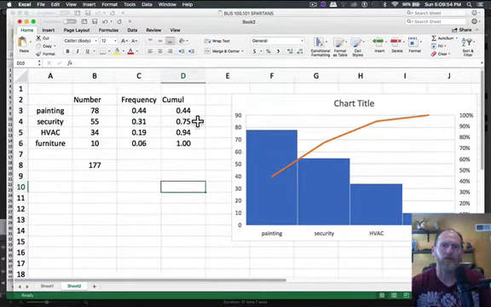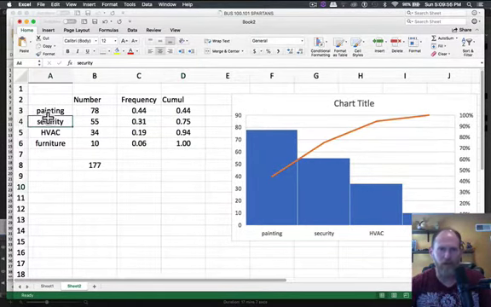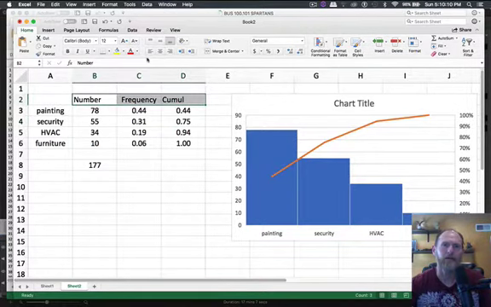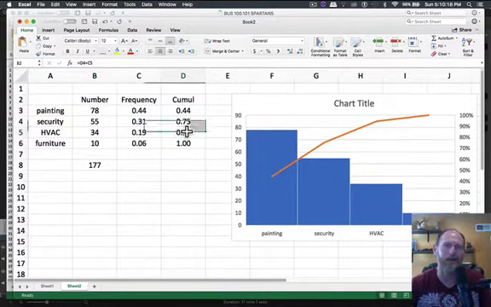So we can say that between security and painting complaints, those complaints together account for 75% of the 177 responses. That's how we interpret that. And by the same token, between HVAC, security, and painting, those three categories account for 94% of the responses.